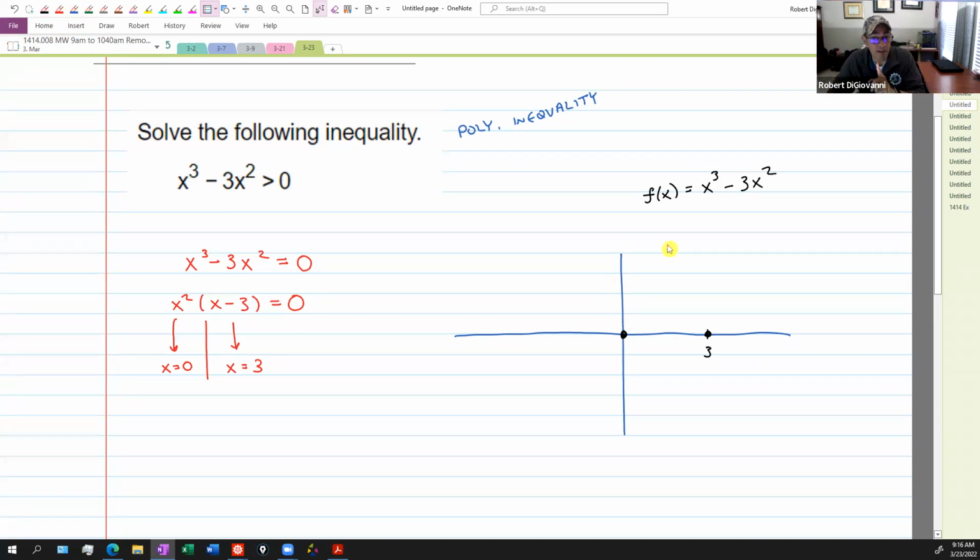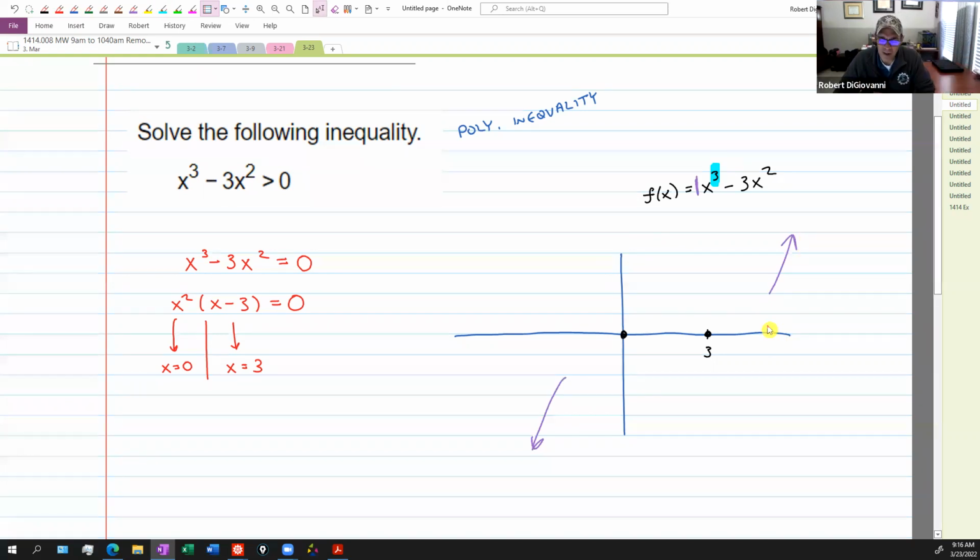Now, there's something else I know. I can use the leading coefficient test, where I look at the degree and the leading coefficient, which is a 1. And that would tell me that the left side goes down and the right side goes up. So I know my graph goes down here and up here. Do y'all see I'm just putting together things I've already learned about polynomials?